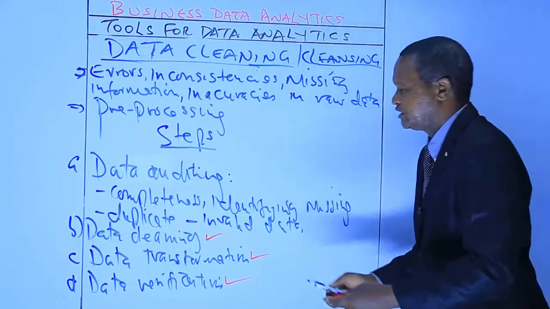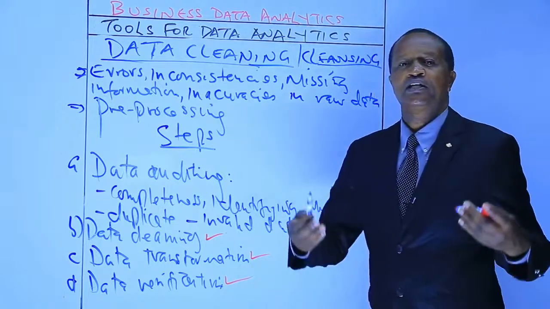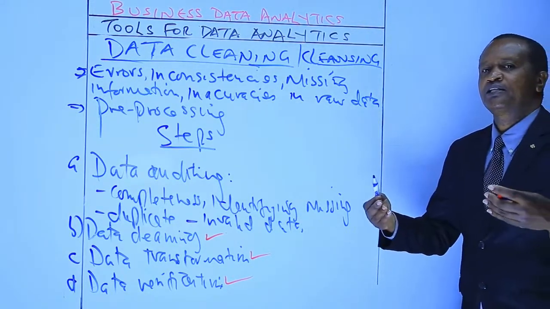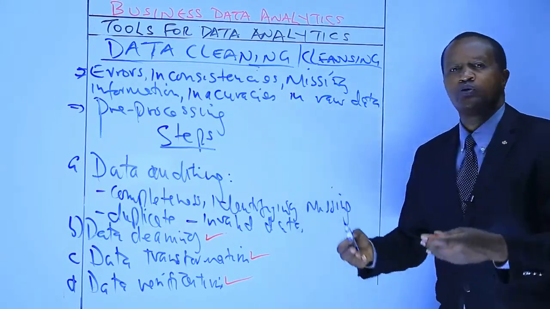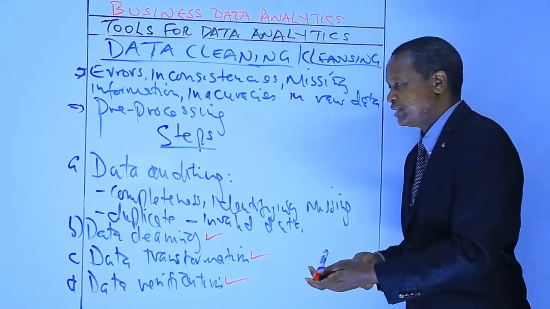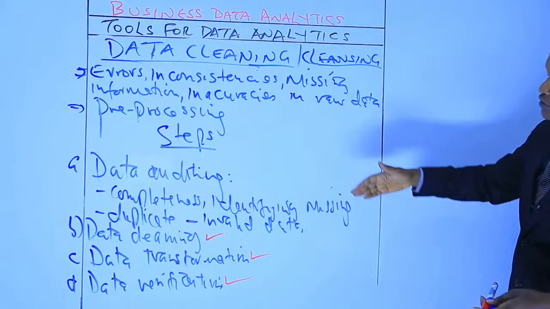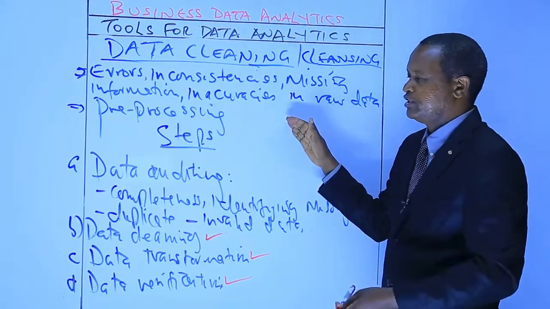And finally, I've said the goal of data cleaning is to ensure that data that is used for analysis is accurate, is reliable, and is also consistent, which helps to reduce the risk of errors and biases in the results. Because we know, candidates, the principle garbage in, garbage out.